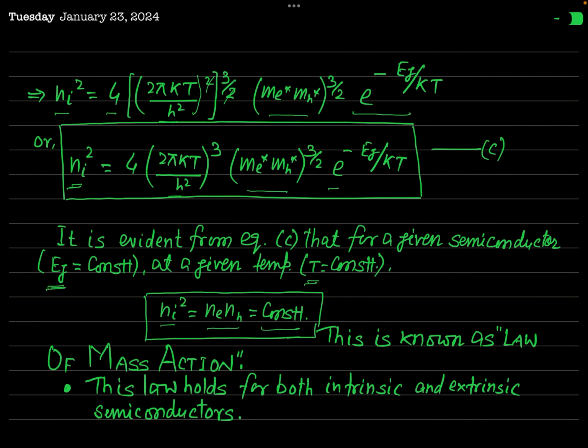And so this is actually called the law of mass action. In fact, this law of mass action, which we have mentioned here for the intrinsic semiconductor, is true not only for the intrinsic semiconductor, but it also holds for the extrinsic semiconductor.